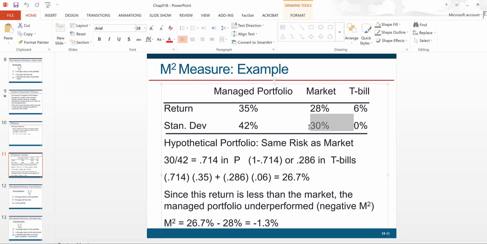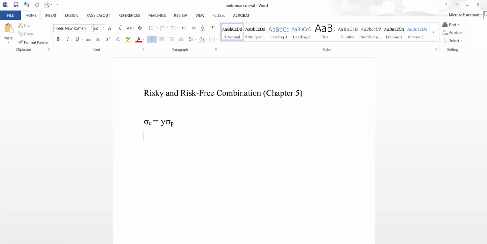So this is our target, right? We want the risk of the combination to be 30%. I want to put a certain fraction of my money in this risky portfolio and the other in the risk-free. Remember our discussion from chapter 5, combination of risky and risk-free. We referred to this as the complete portfolio, right? This is what we are going to use here in order to match the risk of our portfolio to that of the benchmark by using treasury bills.